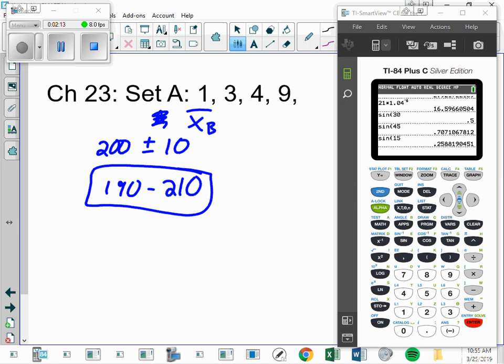Now that it's a confidence interval, does this mean 68% of the tickets in the box are in the range 190 to 210? No. What does a confidence interval tell me? And you can't use the word chance because that's probability.